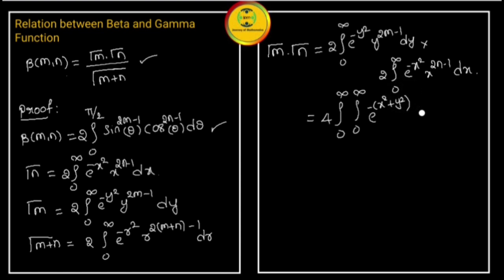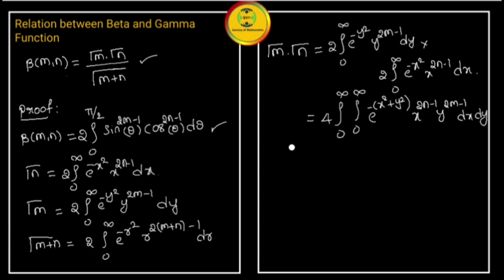I can write x power 2n minus 1 and y power 2m minus 1, dx dy. So if I multiply these two integrals, I get this as the integral value.